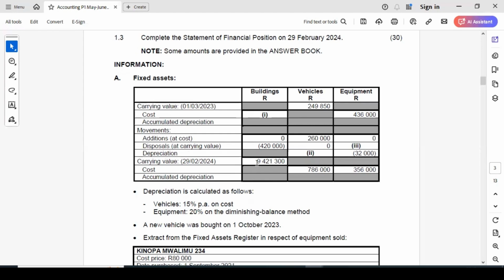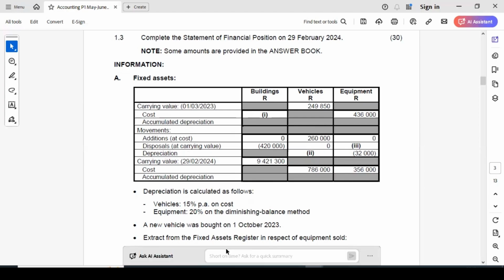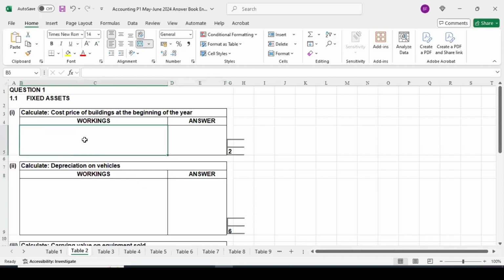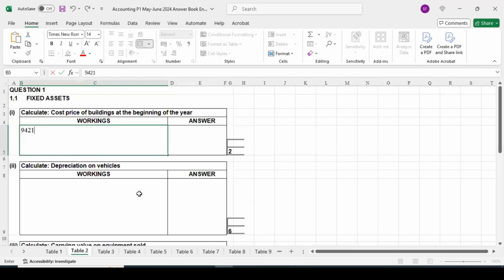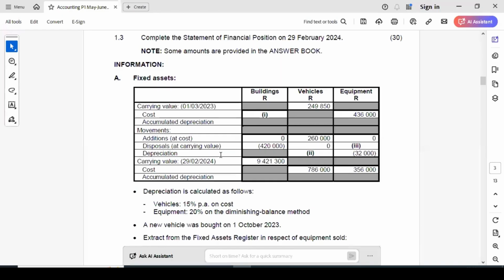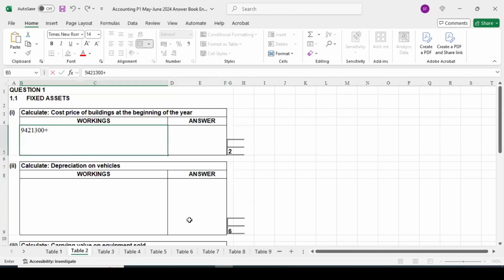So we are going to take this 9,421,300 plus the 420,000, which is for the disposals, which is going to give us the answer. So we're going to write the answer here.